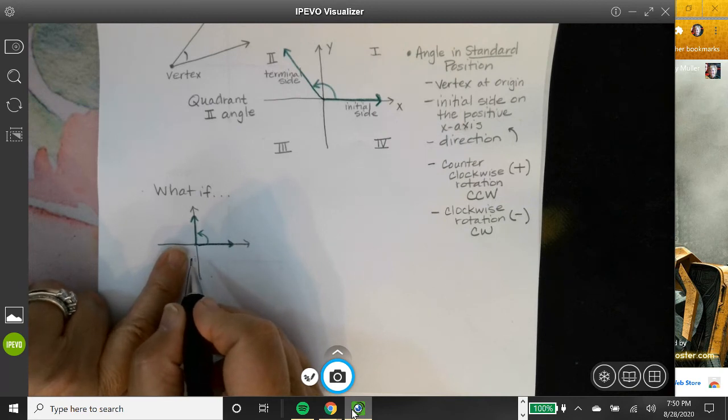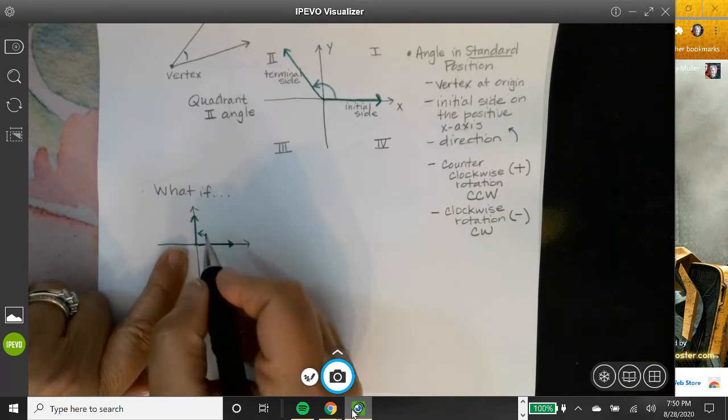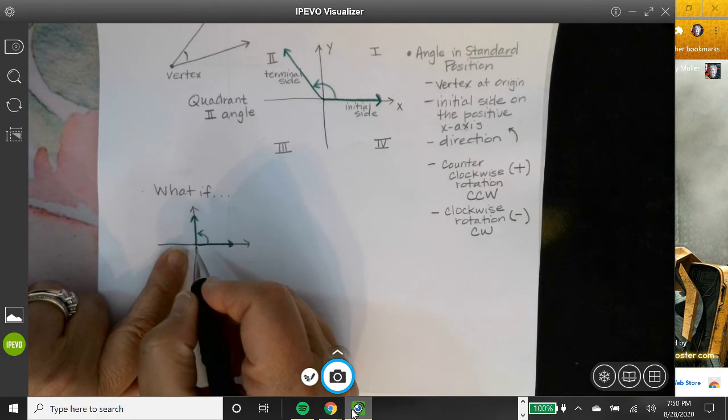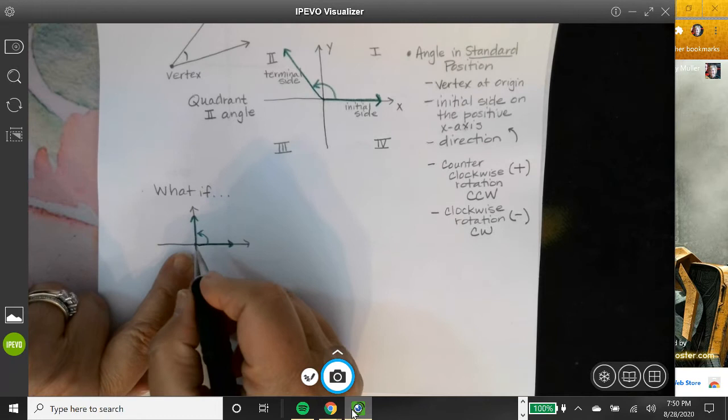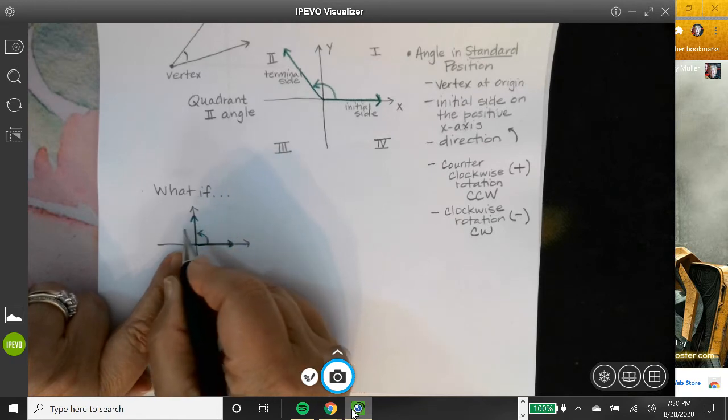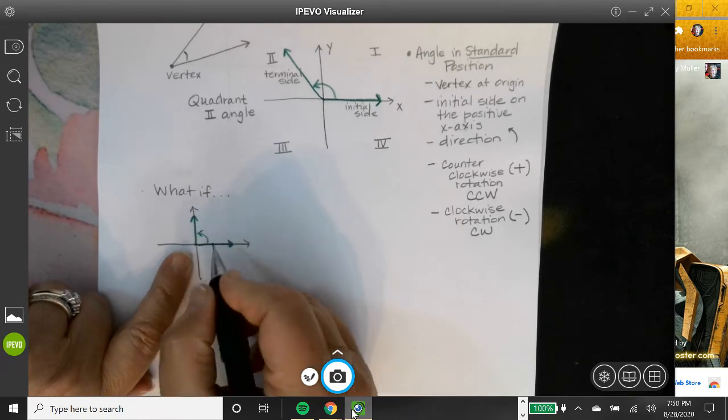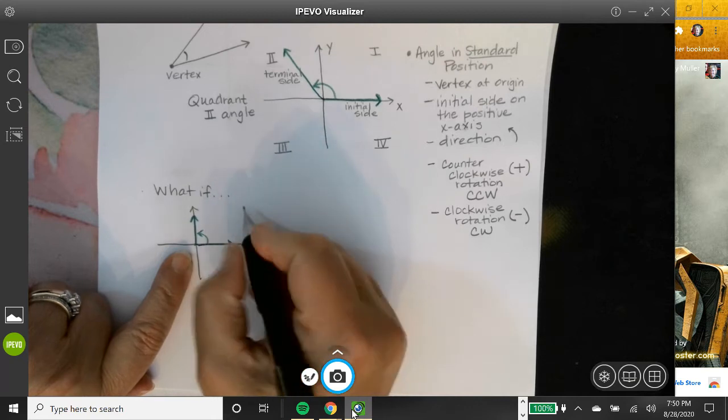Well, which quadrant is that? It's like an angle lost between two quadrants. So we have to have a different name for these because I can't say it's a quadrant 1 / quadrant 2 angle. We call these quadrantal angles, okay?